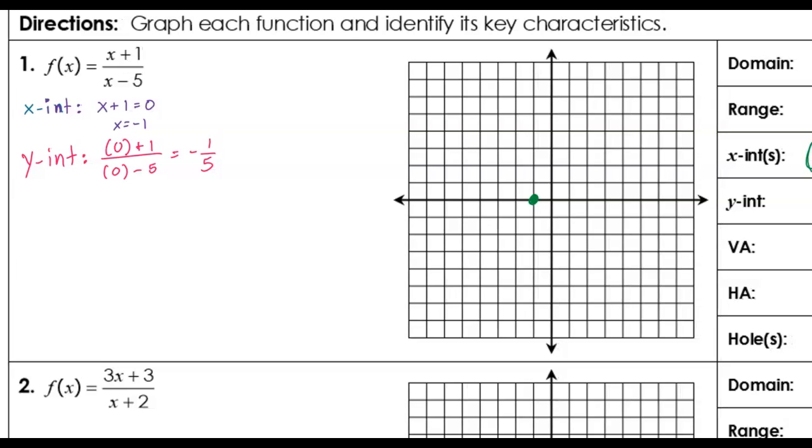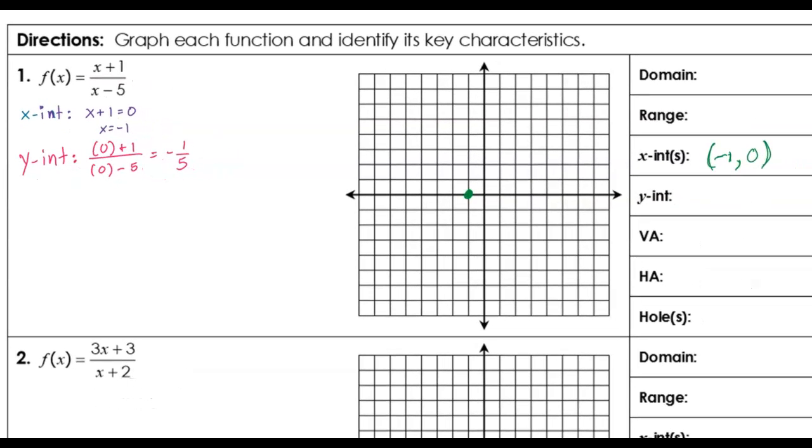Can anyone tell me how this is written on our little table to the right here? How should I write this? Yes, you guys are making Isabella do all of the hard work here.